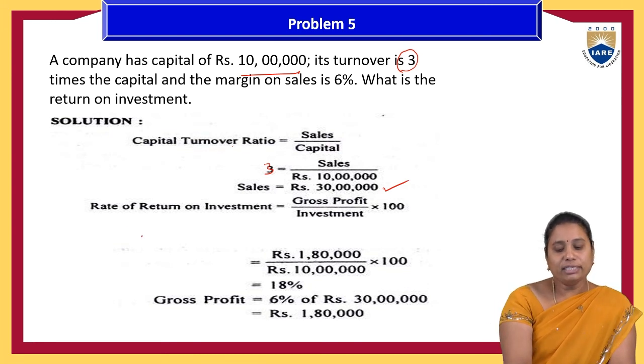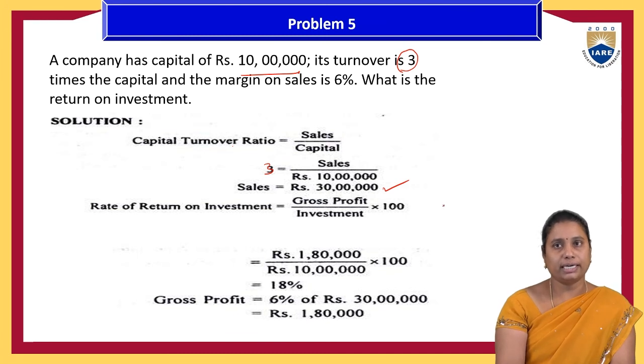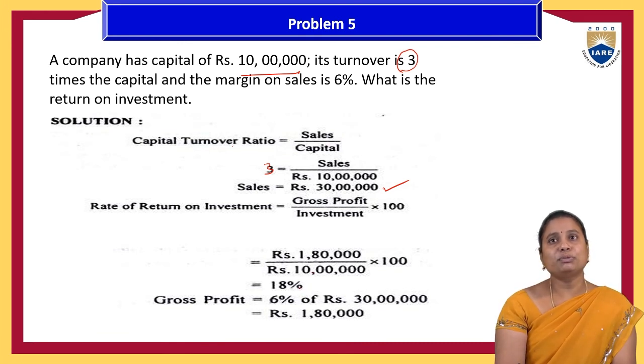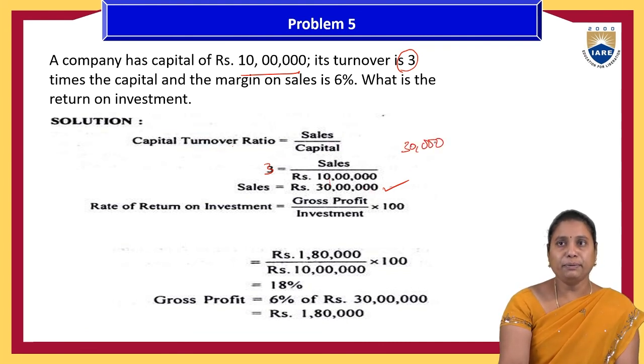Then rate of return on investment is gross profit divided by investments into 100. The gross profit is 6% on 30 lakhs, that is 30 lakhs into 6 divided by 100, which gives a gross profit of 1,80,000.